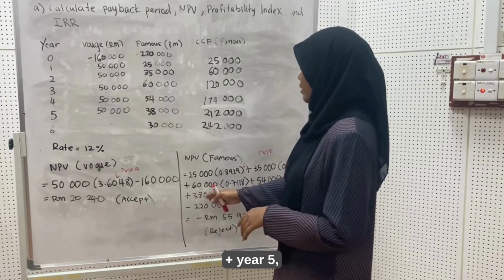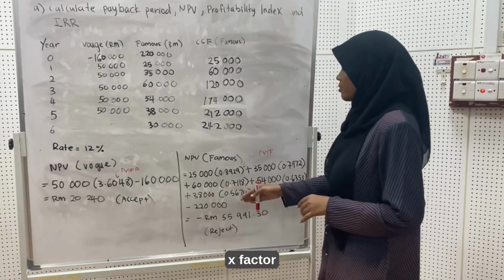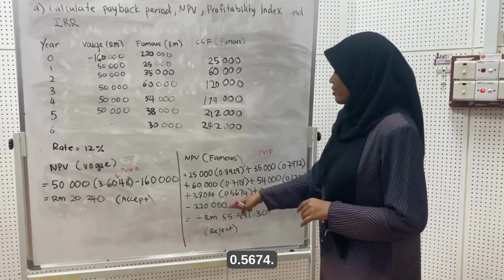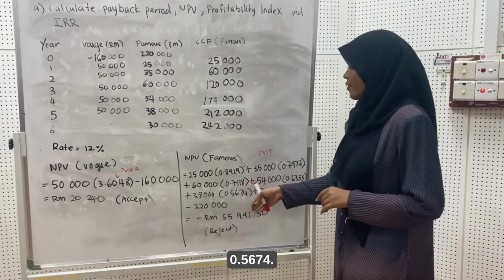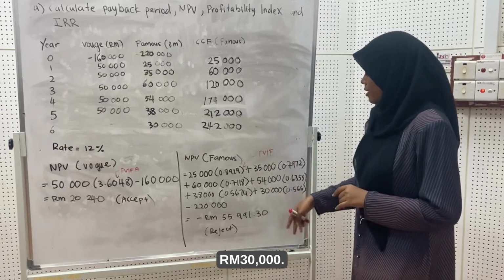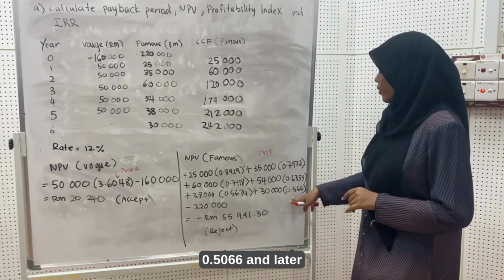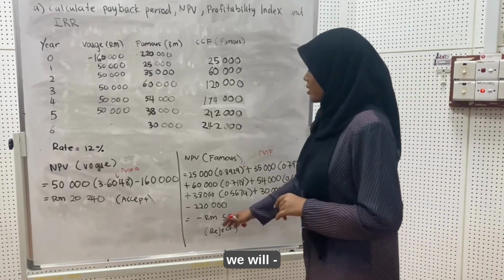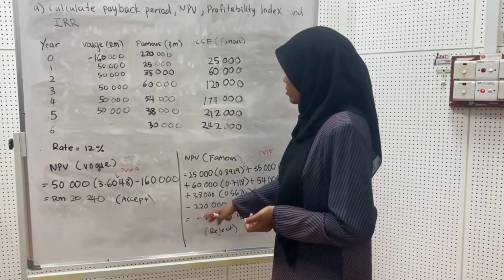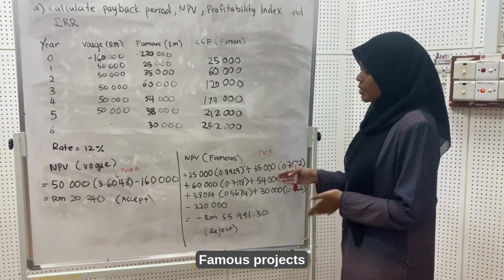and times the fifth year, that is 38,000, times the factor 0.5674, plus the last year, the sixth year, 30,000, and we times the factor 0.566, and lastly we will minus the initial investment 220,000, and we will get the NPV for the famous project.